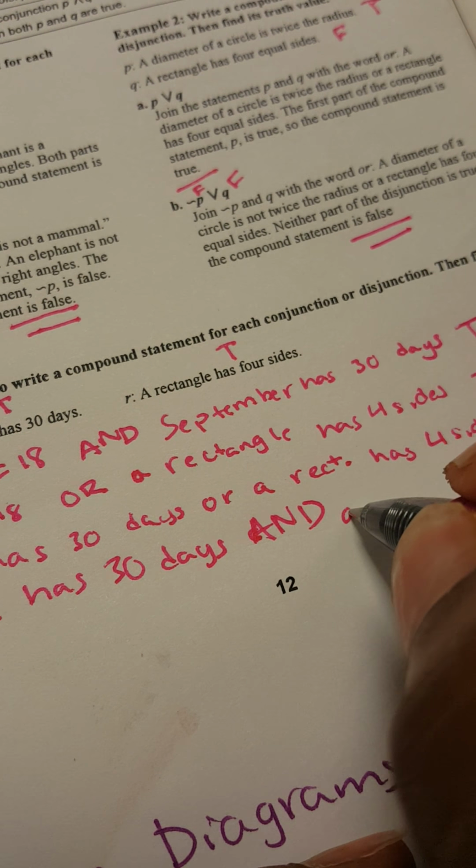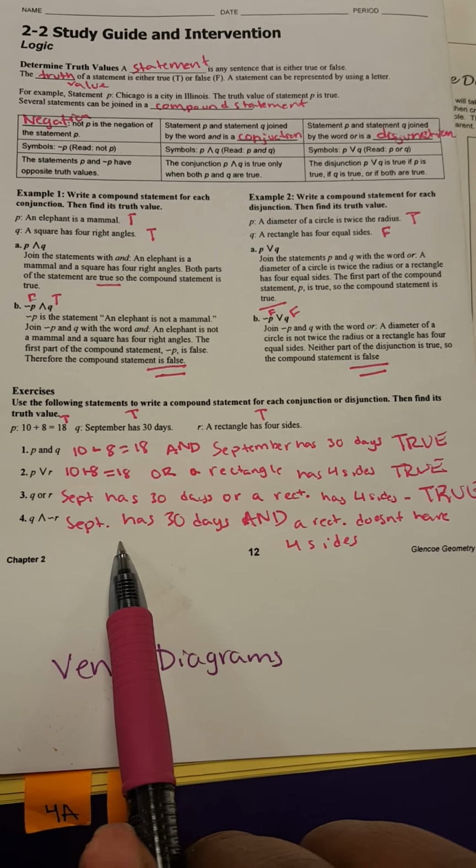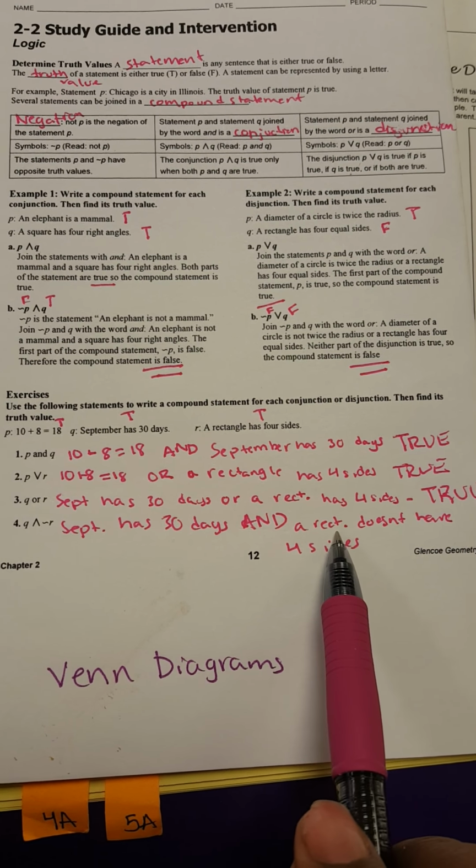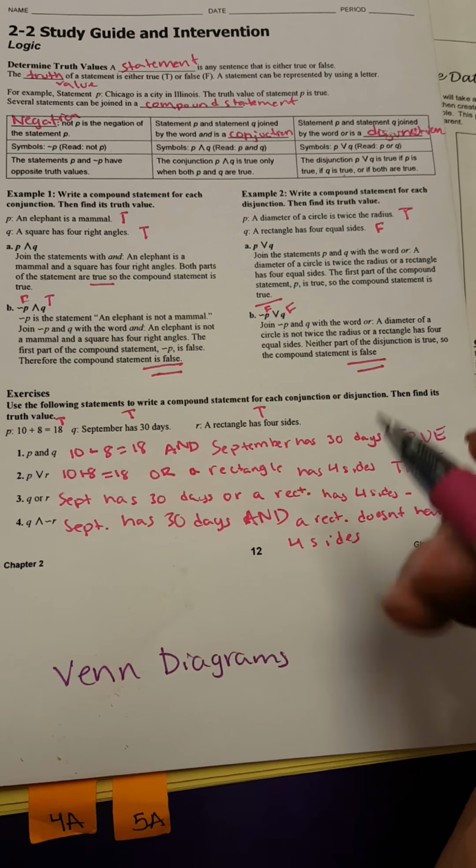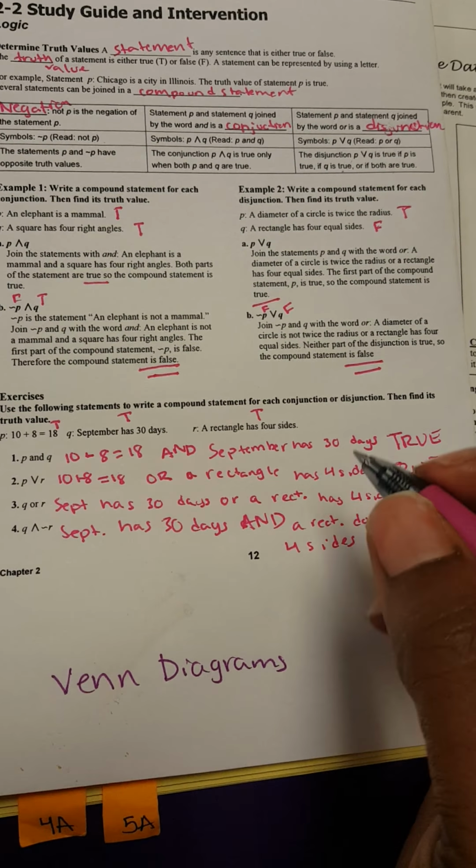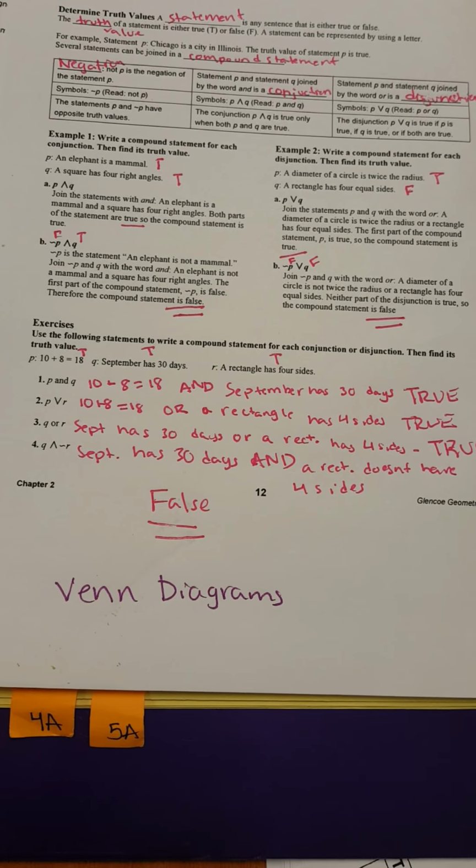Okay, since this is a conjunction, because there's an and, both of these need to be true. This is true. This is not true. This is false. So this makes this a false statement. Okay.